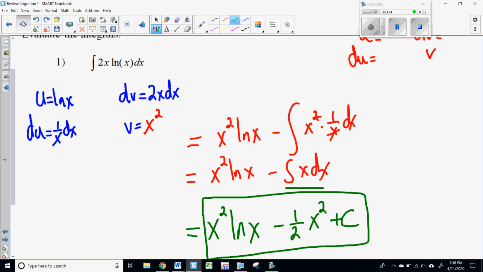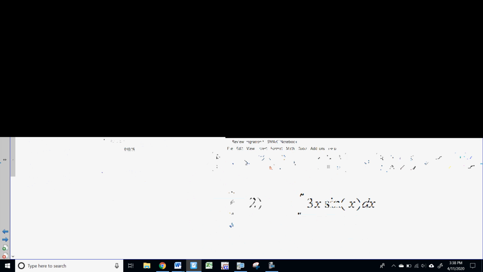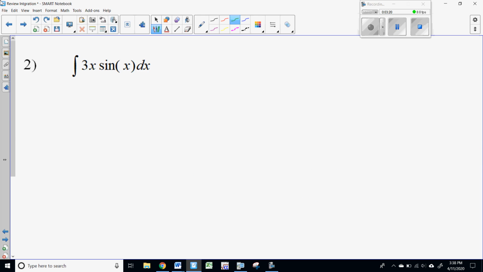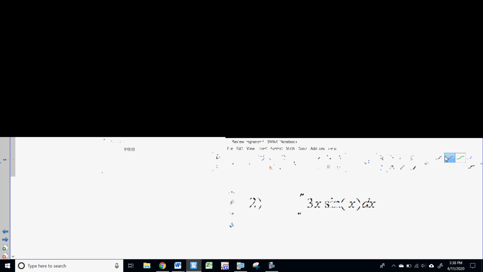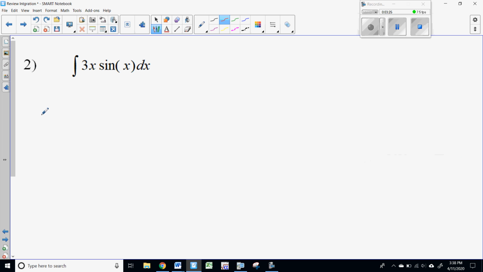Let's do another one. Let's do 3x sine of x. We do have the tic-tac-toe method, which I'm going to get to in a second, but let's look at this without using it. My u is 3x, my du is 3dx, polynomial first.